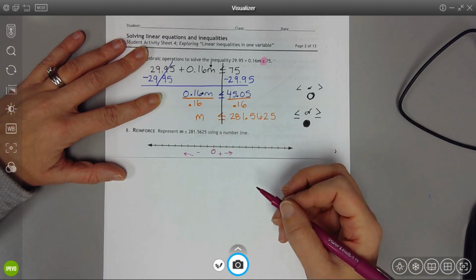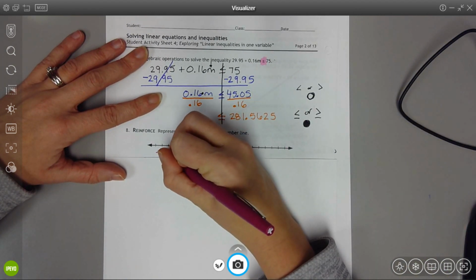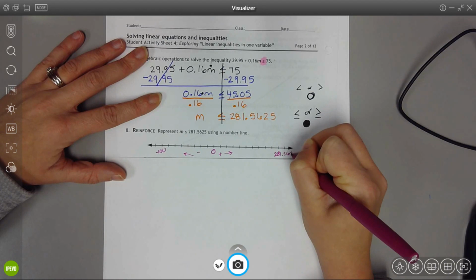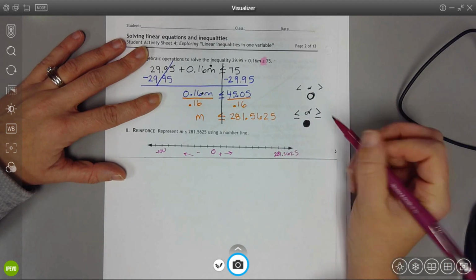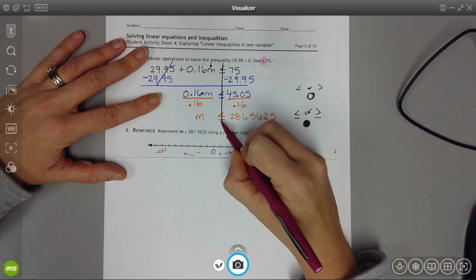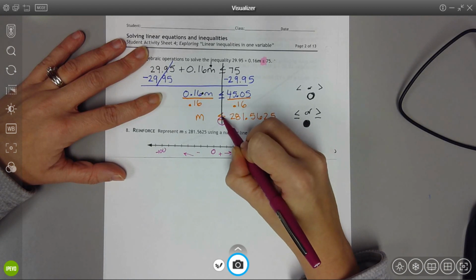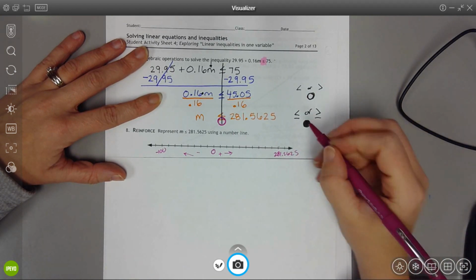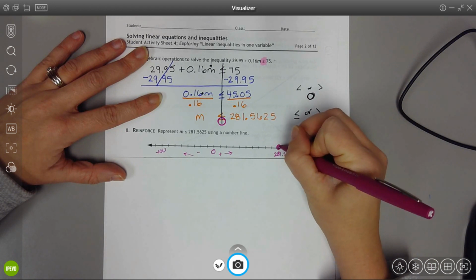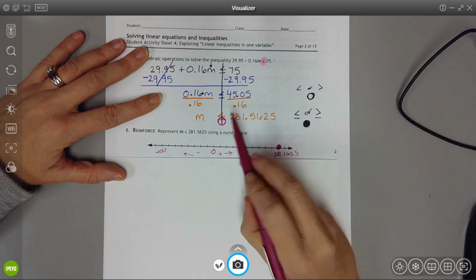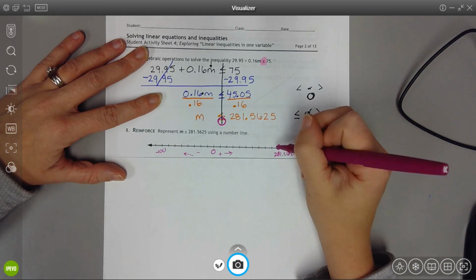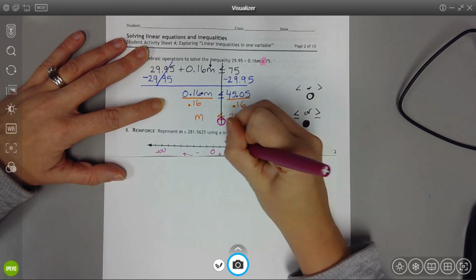So what I'm going to do is put negative 100 over here, and I'm going to show my 281.5625 over here. Okay, we have the little line underneath the or equal to. So I'm going to use the solid dot. And here it says m has to be less than. So where is my less than? Towards the 0.